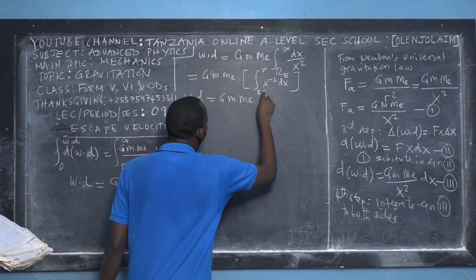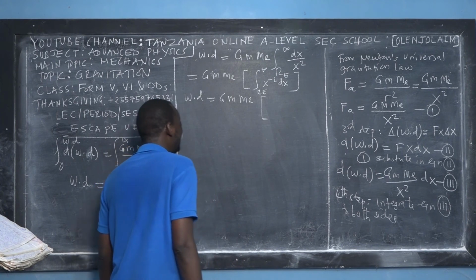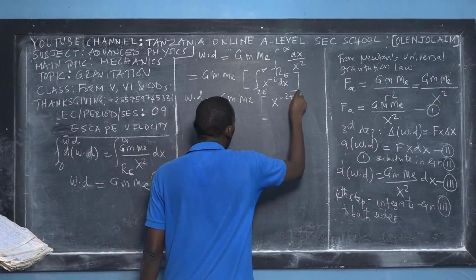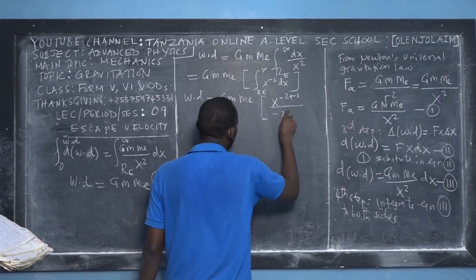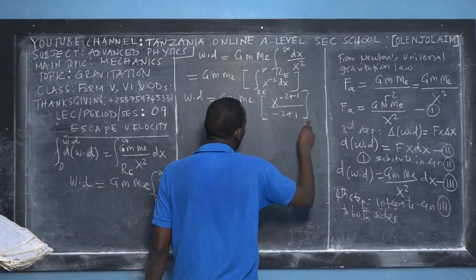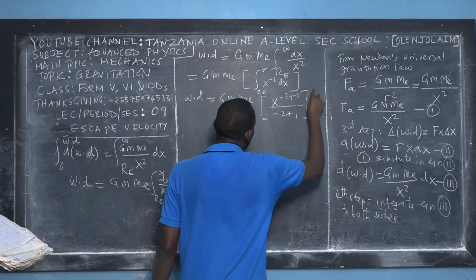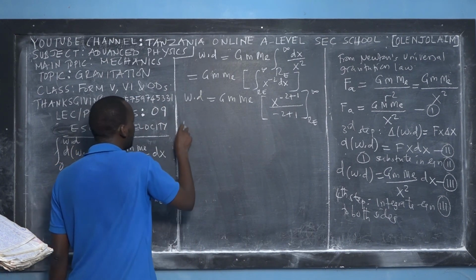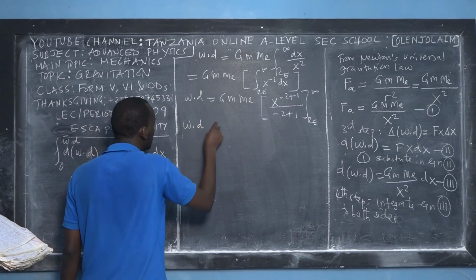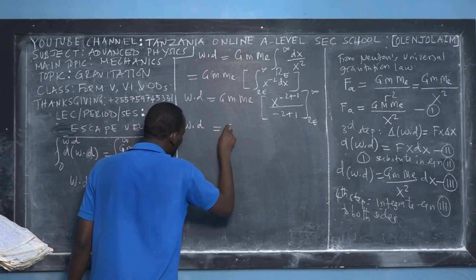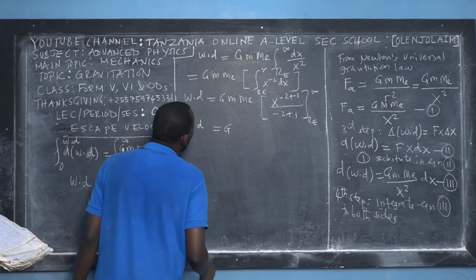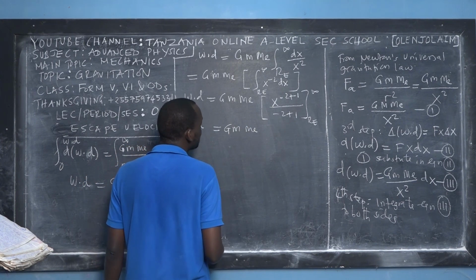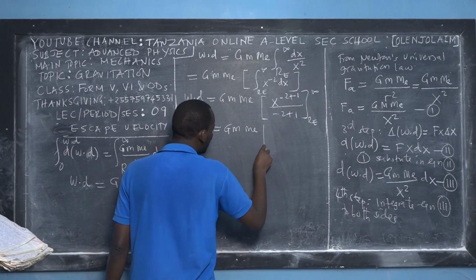If we integrate this, we use the power rule: x to the power of negative 2 plus 1, from the radius of the Earth to infinity. So the work done is equal to the universal gravitational constant, the mass of the body, the mass of the Earth, and then a square bracket.